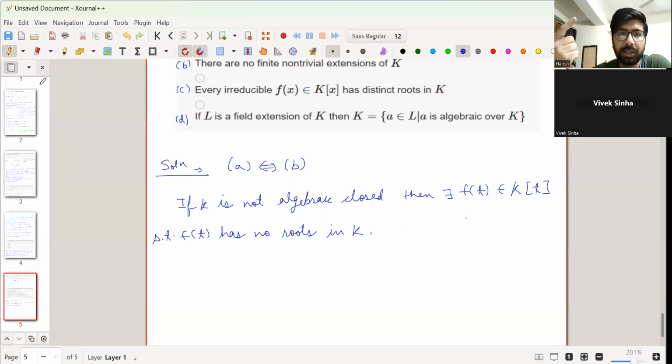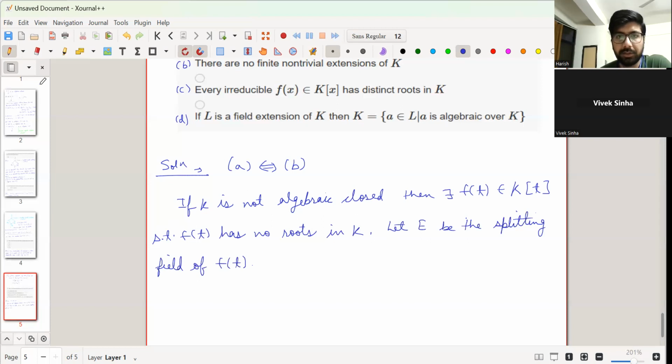For all polynomials, it happens that it has a root. Then for all polynomials, it will happen that it has all roots. So similarly, if for a polynomial there is a single root missing, there would be a polynomial for which all roots are missing. Okay, so there is f(t) such that it has no roots in K, and so let E be the splitting field of f(t), right?